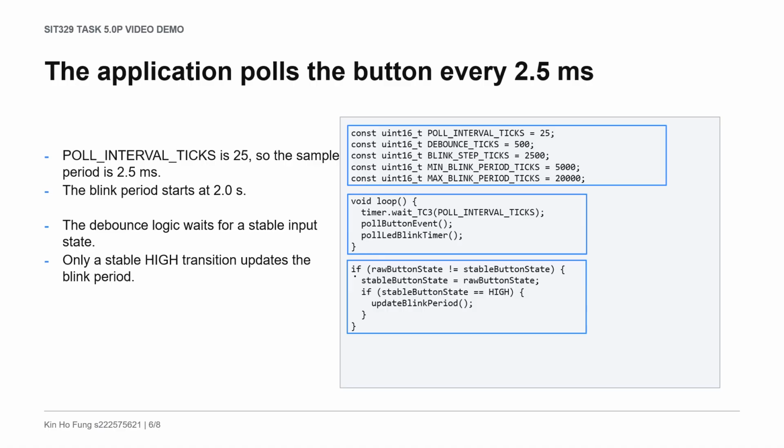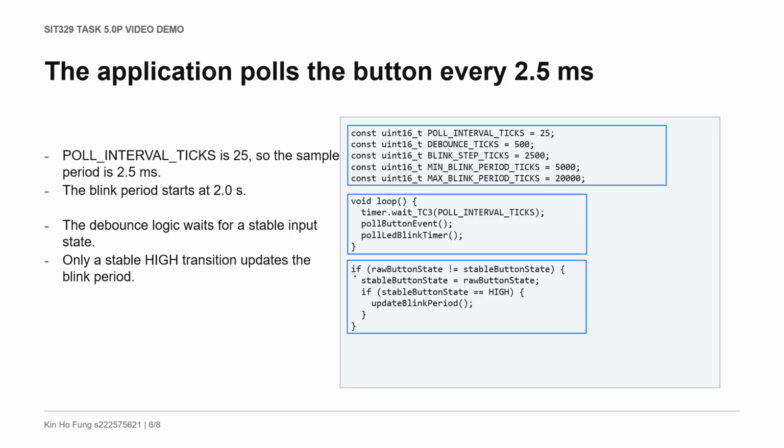In the main application, all of the software timing values are expressed in timer ticks. The poll interval ticks value is 25, so the loop waits 25 hardware ticks, or 2.5 milliseconds, before each polling cycle. The blink period starts at 20,000 ticks, which is 2 seconds.